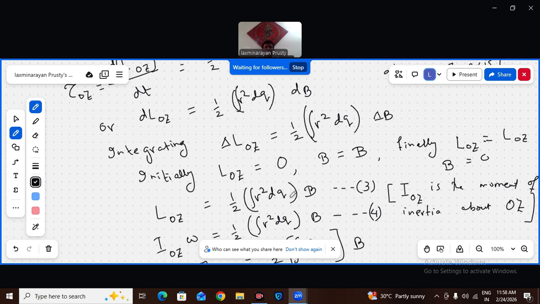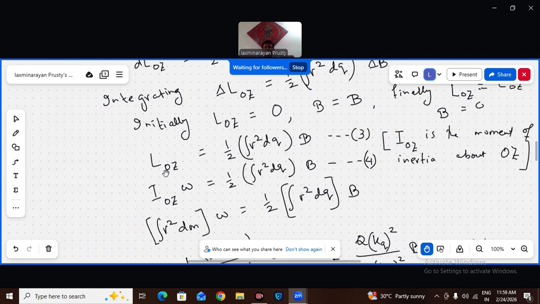So LOZ goes from 0 to LOZ, the delta L is LOZ, and B becomes B to 0, so the change is B only. So this LOZ is half r square dq into B. Right. So LOZ is a fixed axis rotation, that is IOZ into omega. So half r square dq integration into B.